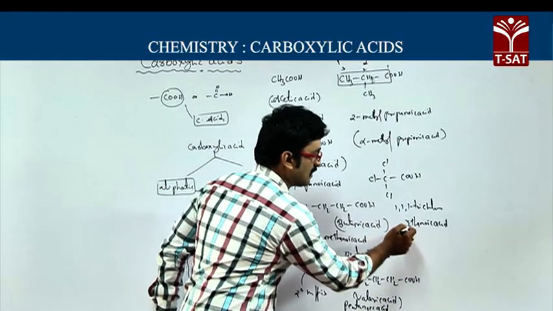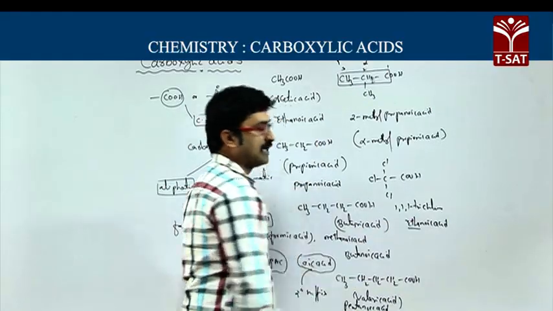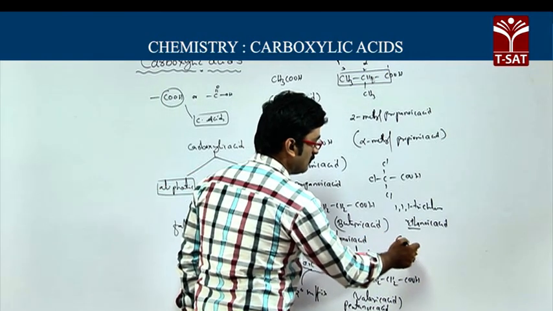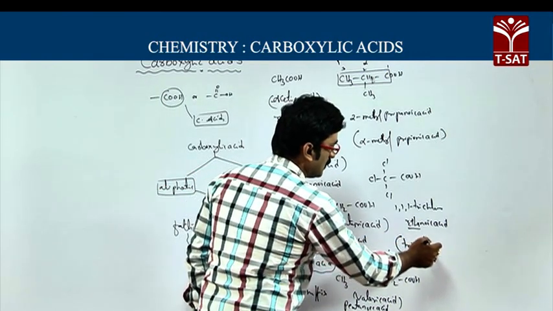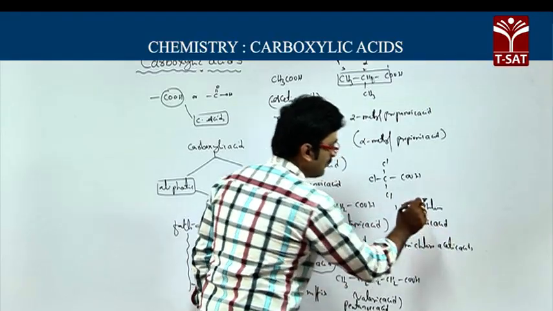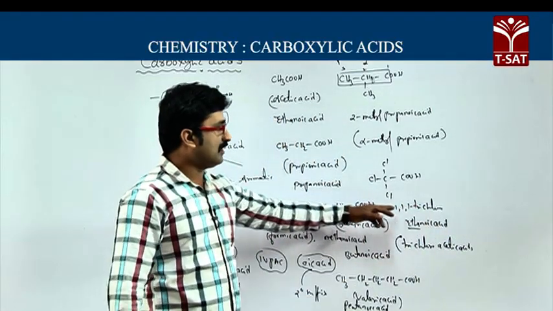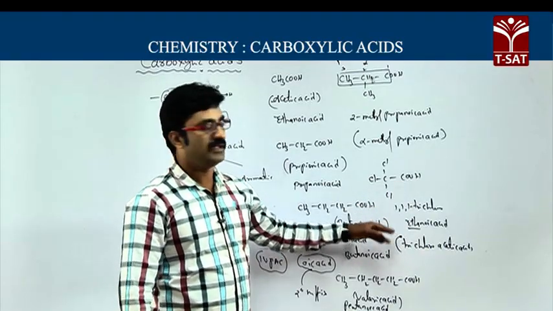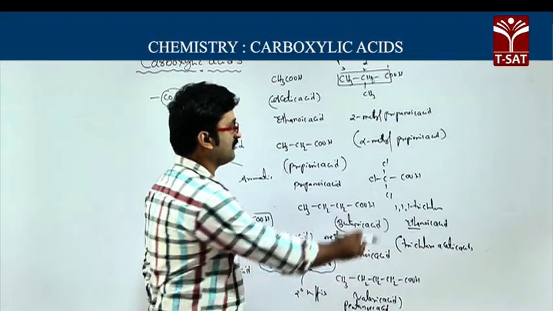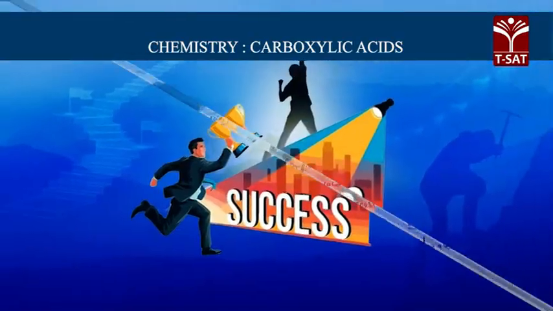So for 2 carbons, the root word is eth, with the suffix oic acid, ethanoic acid, and the common name is trichloroacetic acid. So trichloroethanoic acid is the IUPAC name, and trichloroacetic acid is the common name of this compound.